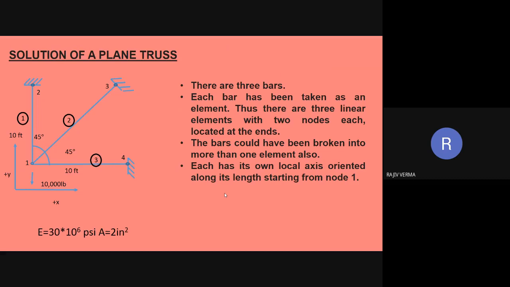This basically means that for element number 3, the x-axis in the local and the global system are along the same axis. But for element number 2, the two axes are inclined at 45 degrees, and for element number 1, the axes are perpendicular to each other.